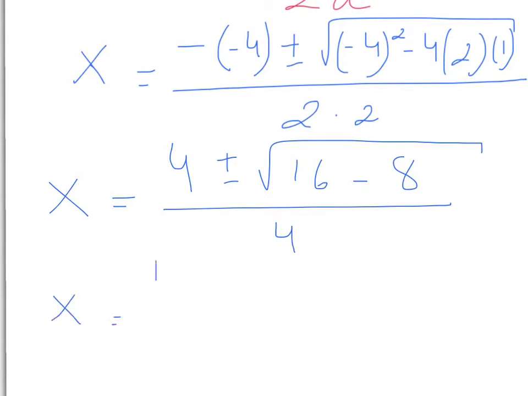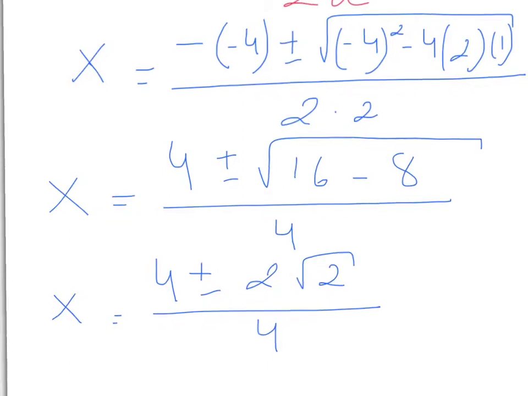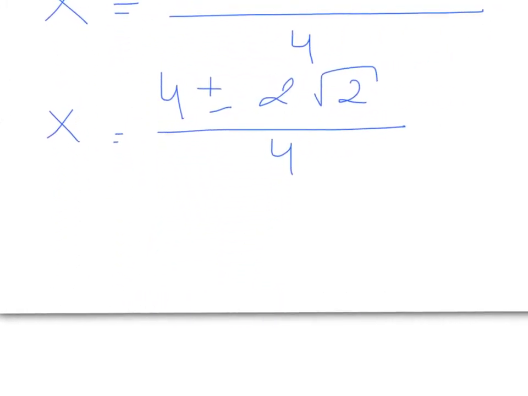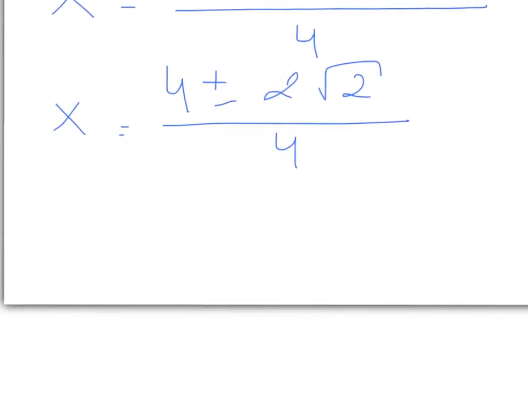x equals 4 plus or minus, now the square root of 16 minus 8. 16 minus 8 is 8, and the square root of 8 is 2 square root of 2, over 4. Here we can factor by 2, so we can simplify.